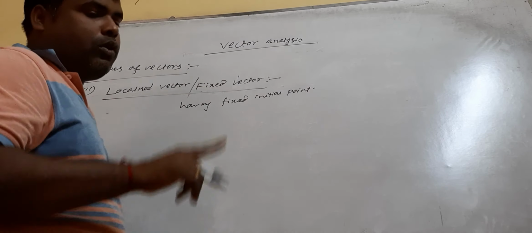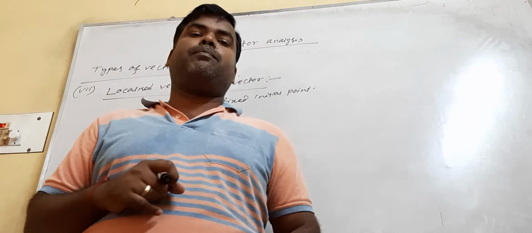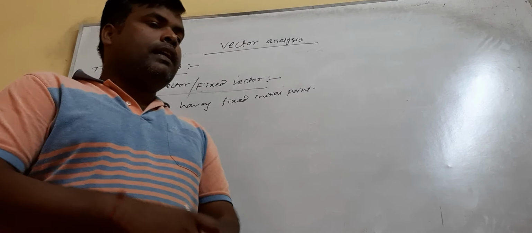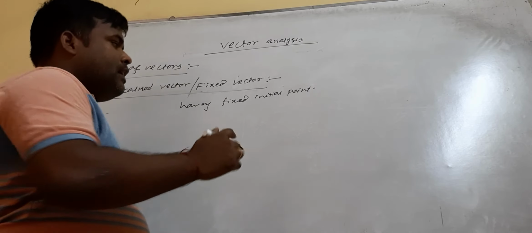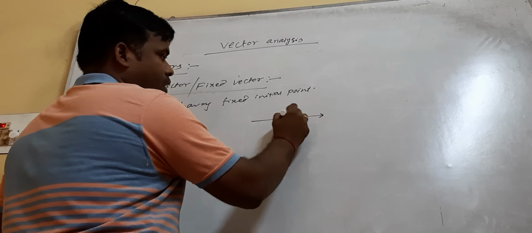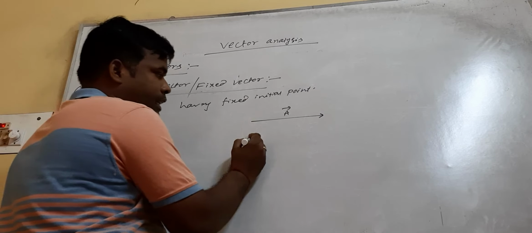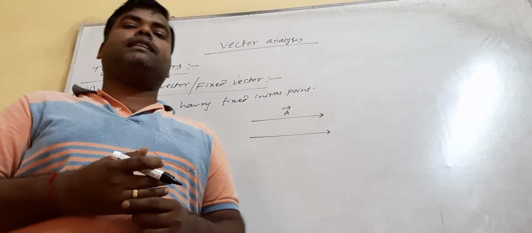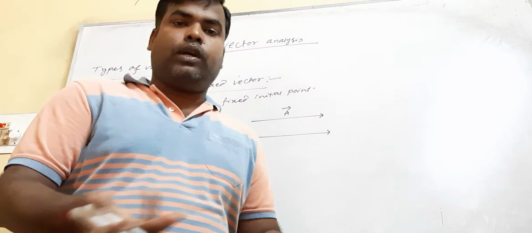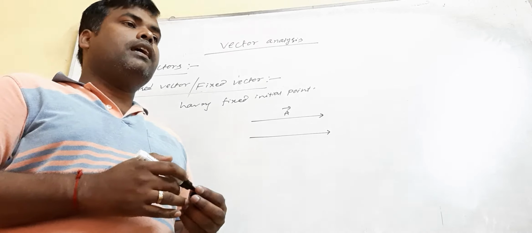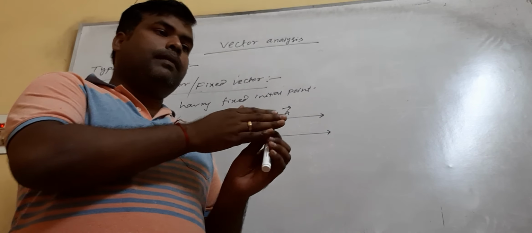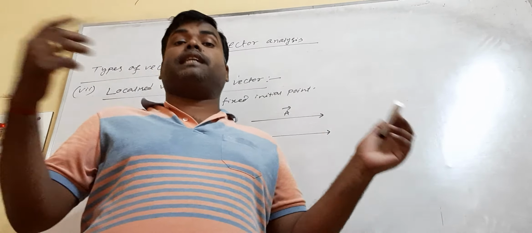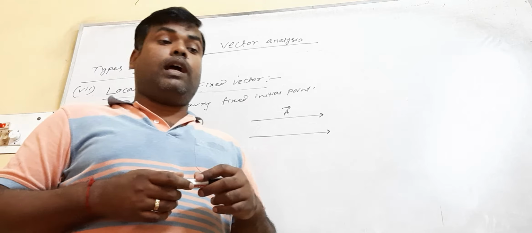A vector is said to be localized if its initial point is fixed. In other words, if I shift this vector and the effect changes, then you can say it is a localized vector. That means if a localized vector shifts its line of action, the effect will change. Force is a localized vector.